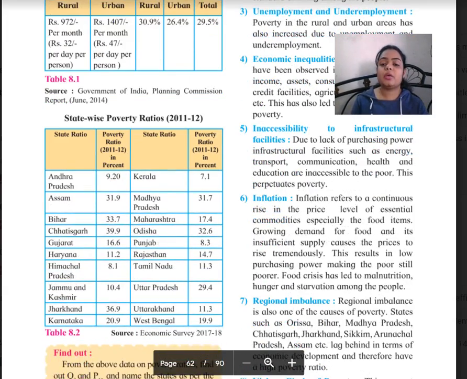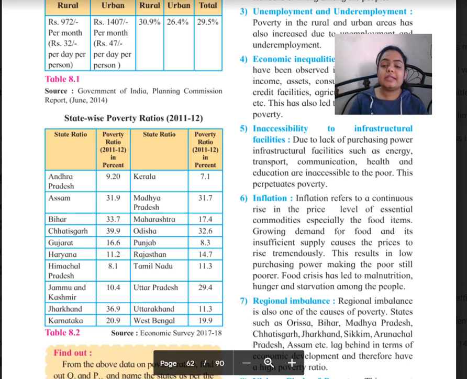After economic inequalities, next we have inaccessibility to infrastructural facilities. Due to lack of purchasing power, infrastructural facilities such as energy, transport, communication, health, and education are inaccessible to the poor. This perpetuates poverty.